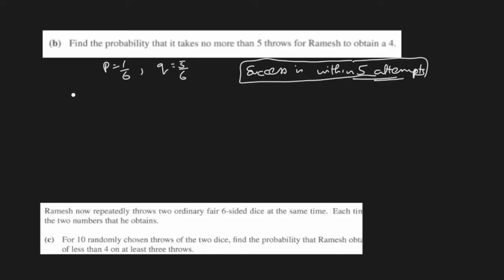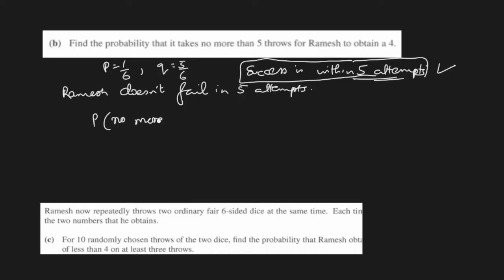Can I interpret this as Ramesh doesn't fail in 5 attempts? That means he gets a success, definitely. So no more than 5 throws means that he failing all 5 times is not the case.